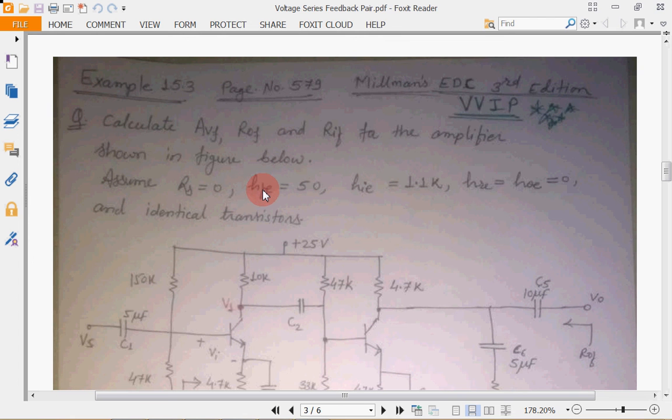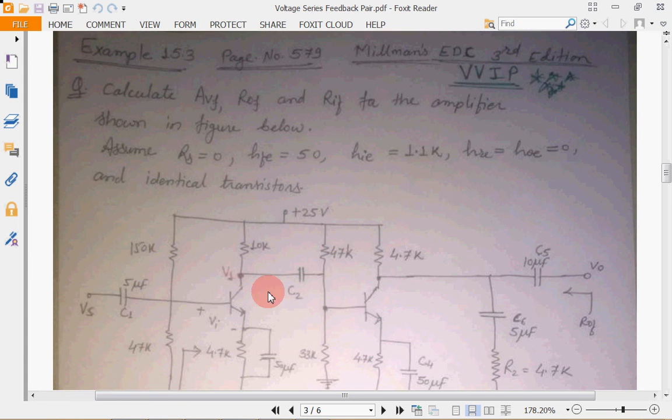HFE, the forward current gain, equals 50, and HIE, the input resistance of the transistor, is 1.1 kilo ohm. HRE and HOE are equal to 0, and assume that the transistors are identical. It means HFE of both transistors is 50 and HIE of both transistors equals 1.1 kilo ohm.